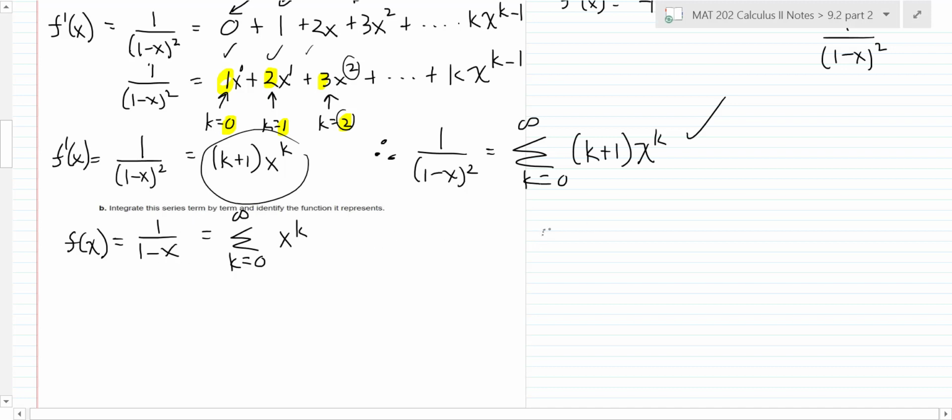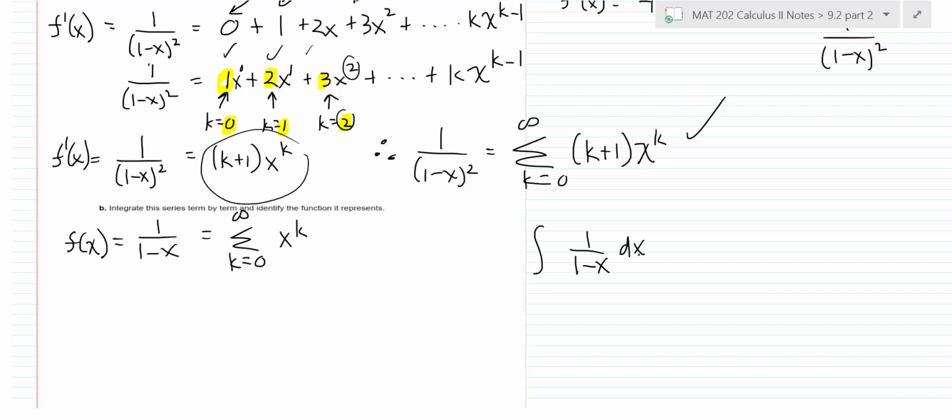Over at the side of the paper, let's work out this integral, 1 over 1 minus x dx. With a little practice, you can do that in your head. What kind of integral does that look like to you? That's a natural logarithm, right? You have to be careful with the constant on that one.